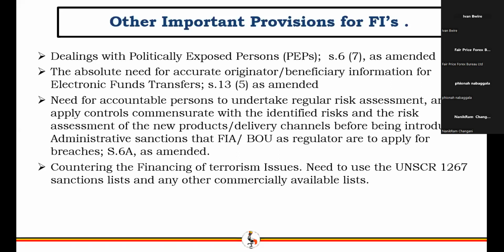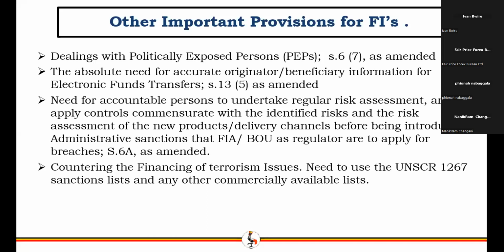Then the delivery channel: how are you delivering your products? Do you use any technology where clients do not need to come physically to the bureau to transact, like a mobile money app? If you don't have that, then it's low risk. If you have that, then it's vice versa.